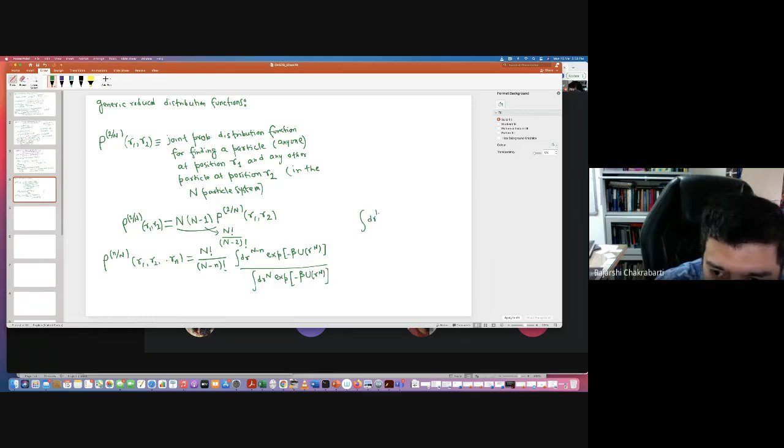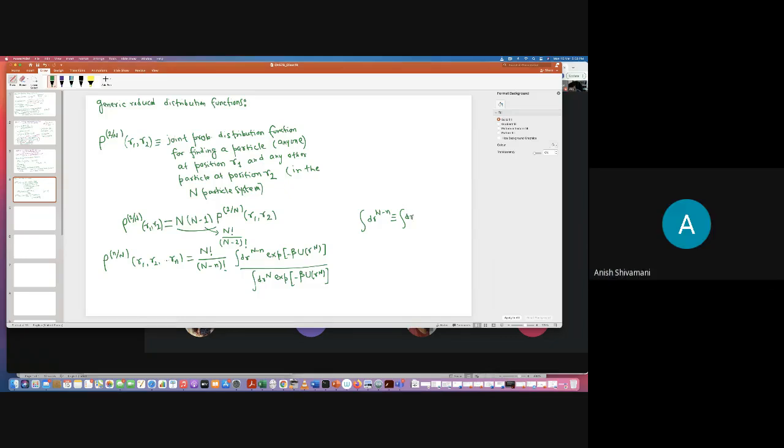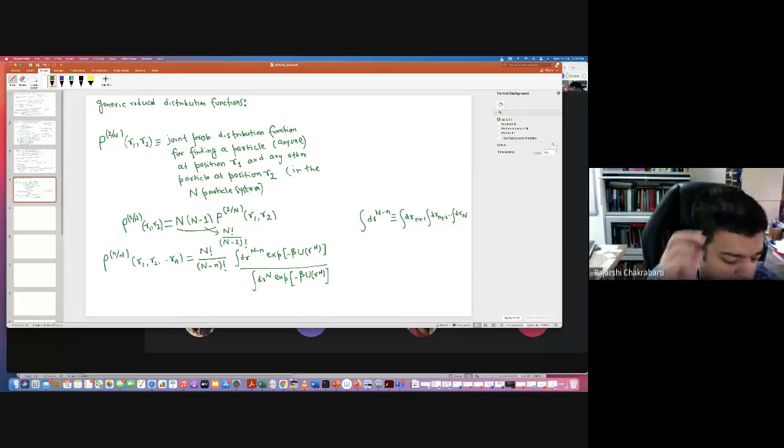Can anyone tell me my notation? This integral is dr n plus 1 to dr capital N. Okay, this is the integral.